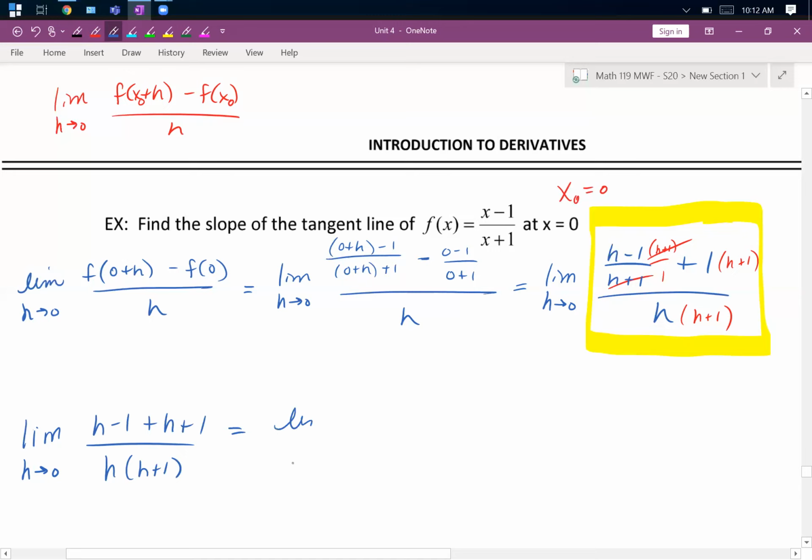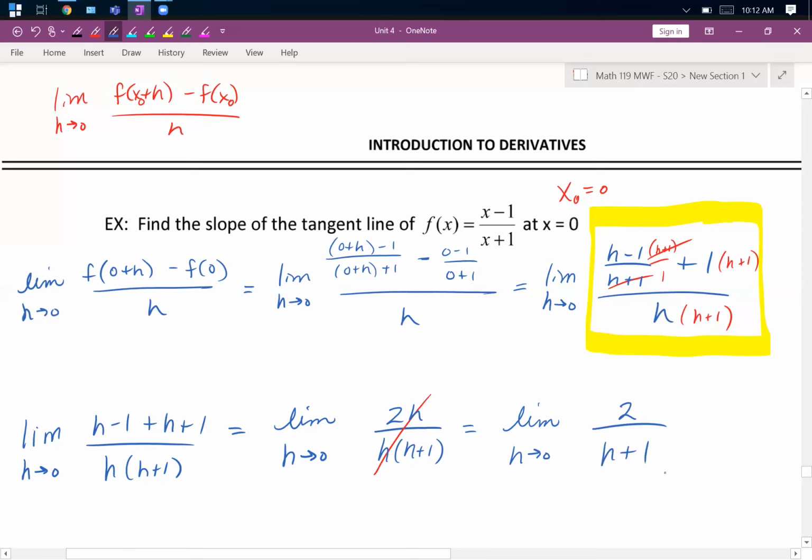Combining our like terms in the numerator, all our constant terms fall out. That's 2 times h over h times h plus 1. The h's will cancel out. We get the limit as h approaches 0 of 2 over h plus 1.